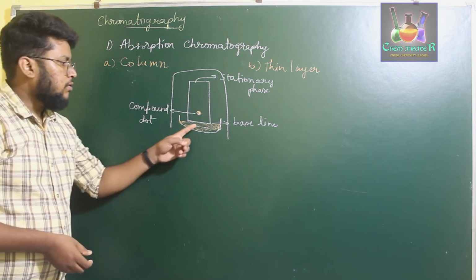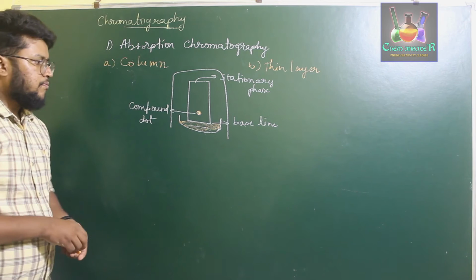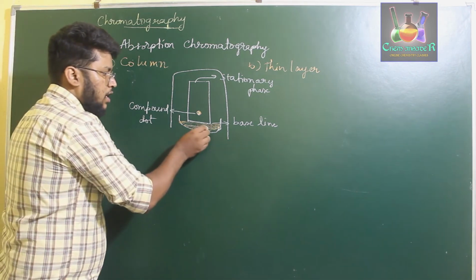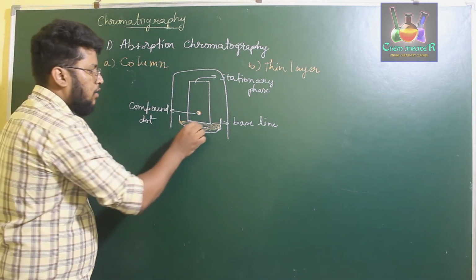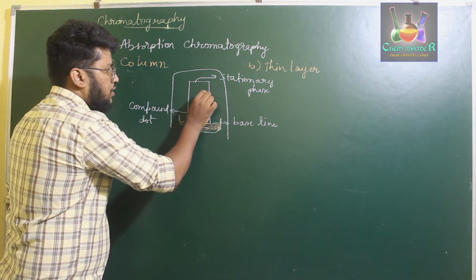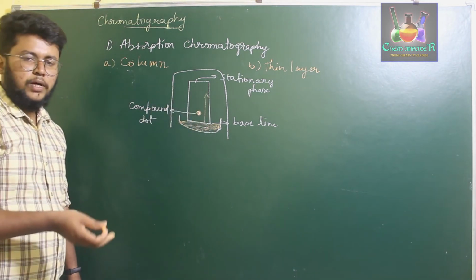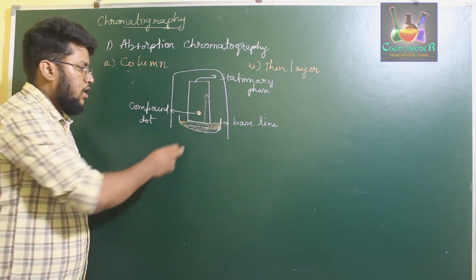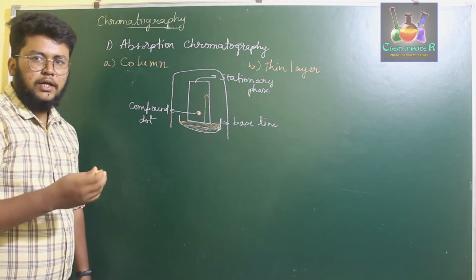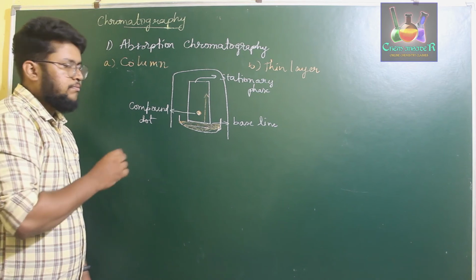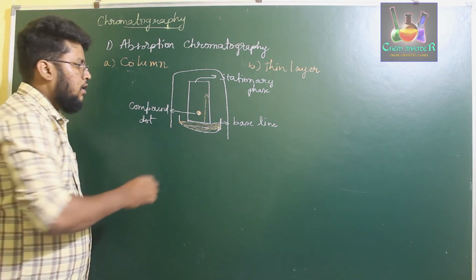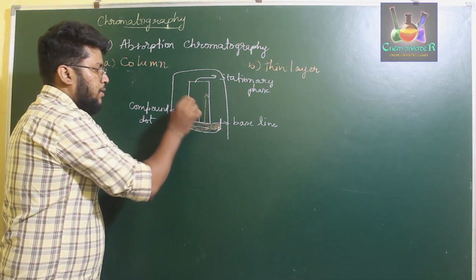Now, after some period of time, the solvent taken in the glass container starts to move in the upward direction. The mobile phase liquid moves upward in such a way that it also carries the compounds present here.